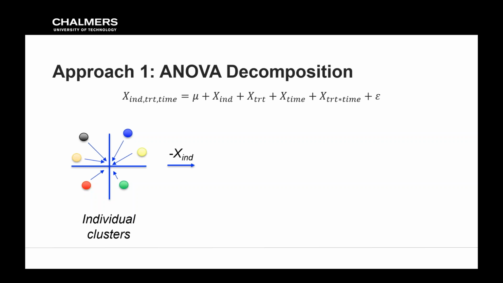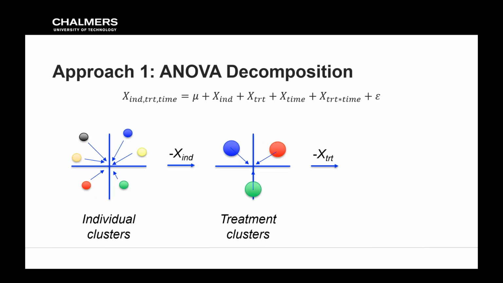Well, we center around the individual by removing the individual average. Then we center all the data around this origo, and we end up with a different situation in which we may find new clusters of data points that may be related more to the treatments.